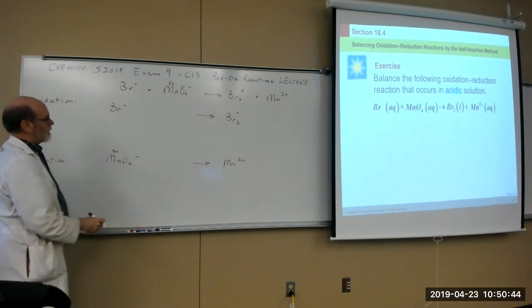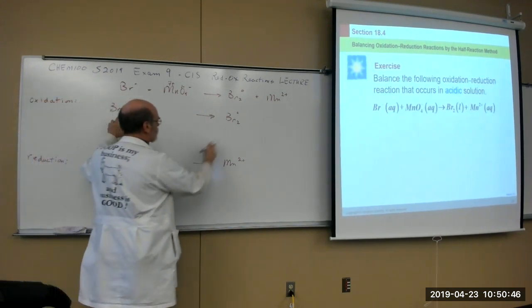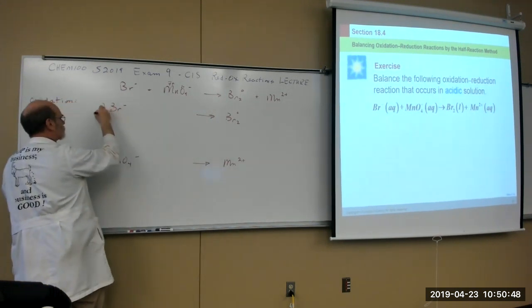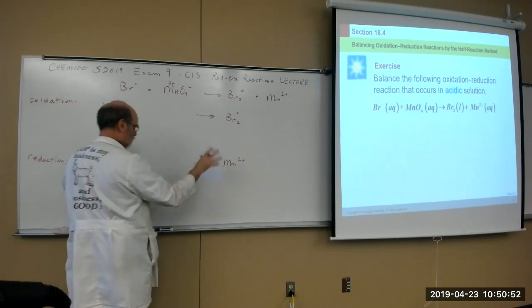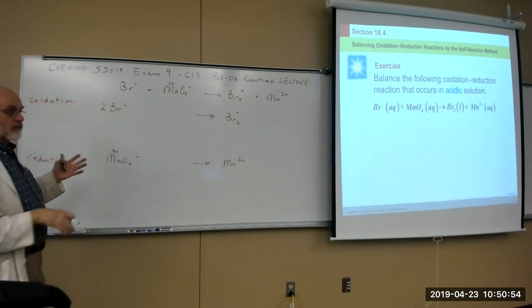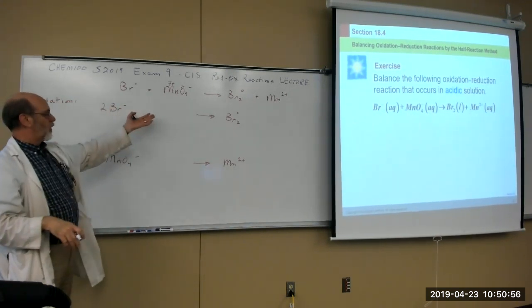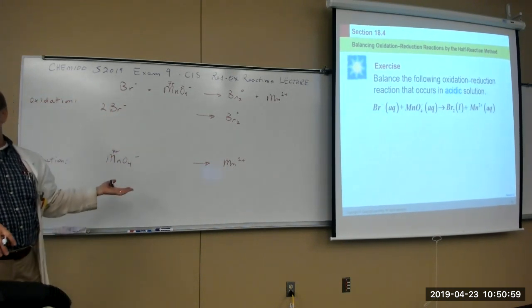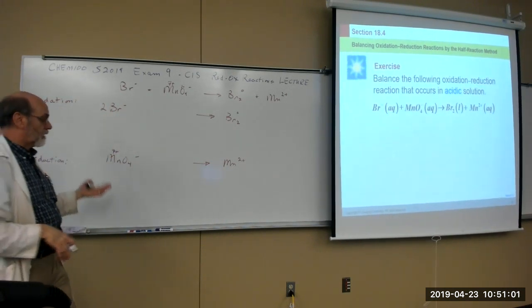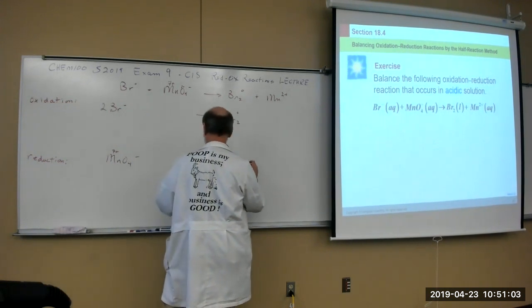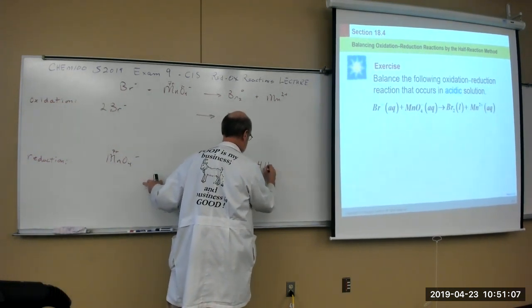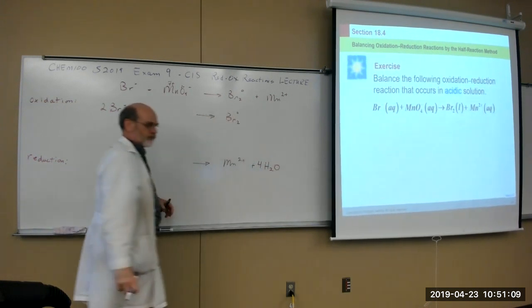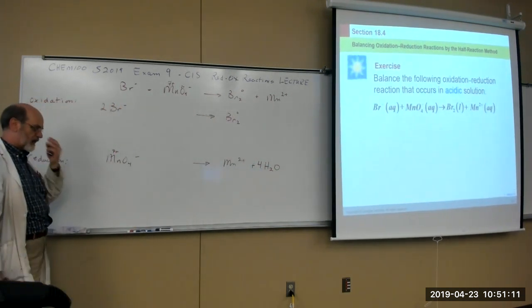So, 1 bromine here, 2 there. So we need 2 here. 1 manganese there, 1 manganese there. We're good. Now do oxygens. No oxygens up here. We have to deal with them. Oxygen there, so we need 4 oxygens. So we need 4 waters, 1 each.